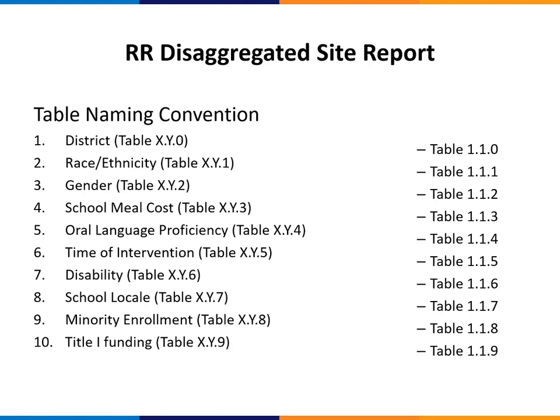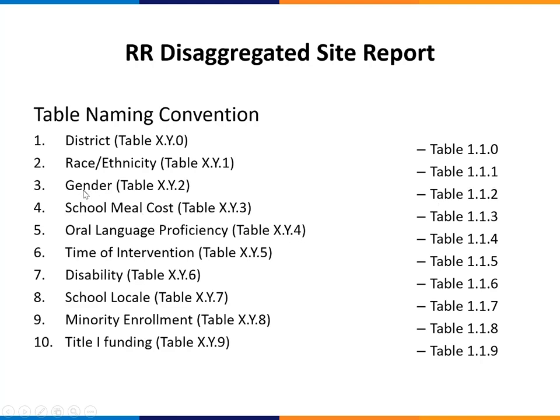Now, there's a naming convention to all of these tables. District tables always follow the naming convention of x.y.0. So, for example, if we wanted to see the district disaggregated version of table 1.1, we would go to table 1.1.0. If we wanted to see table 1.1 disaggregated by race ethnicity, we would go to table 1.1.1, and so on and so forth.